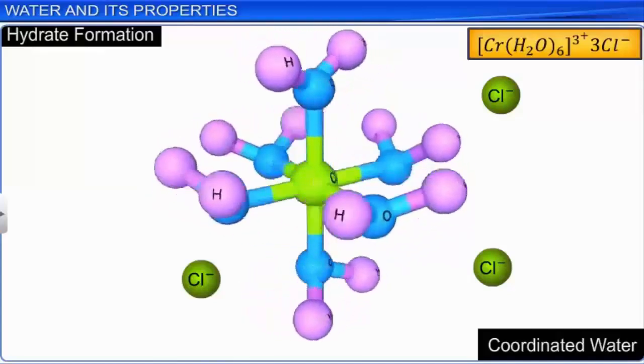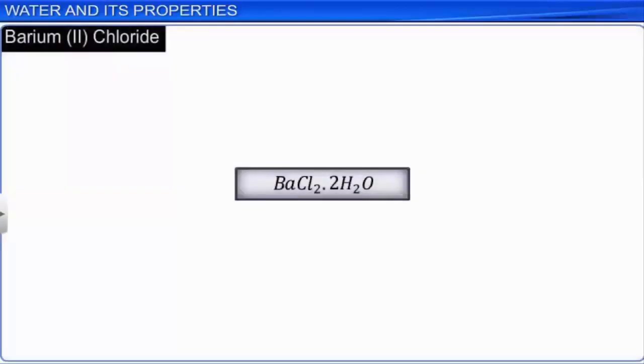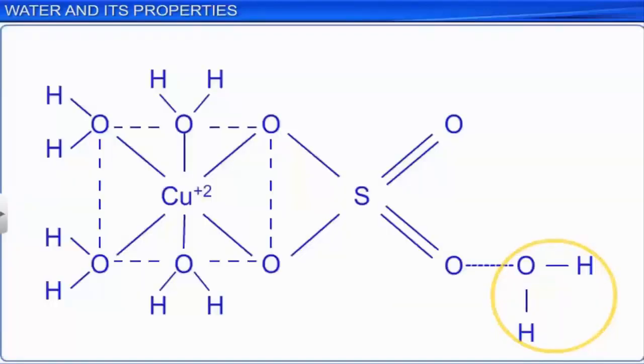The second type of hydrates is interstitial water. For example, in BaCl2·2H2O, water molecules occupy interstitial sites in the crystal lattice. In the third type of hydrates, water molecules are hydrogen bonded to certain oxygen-containing anions.